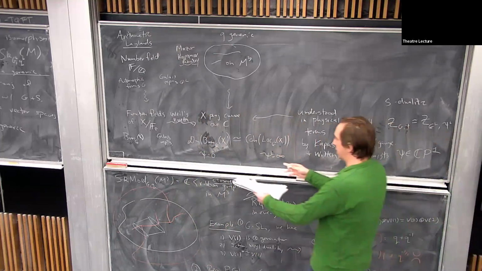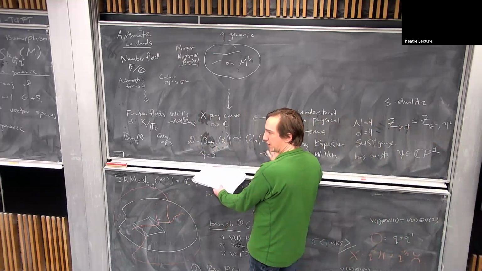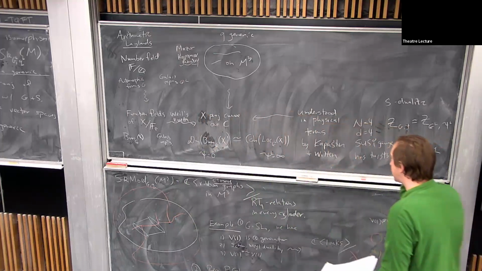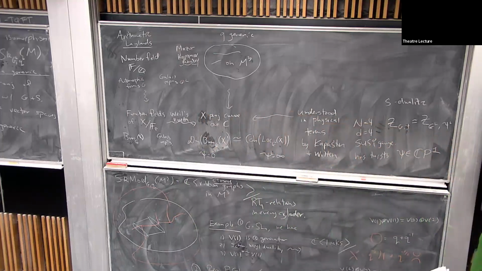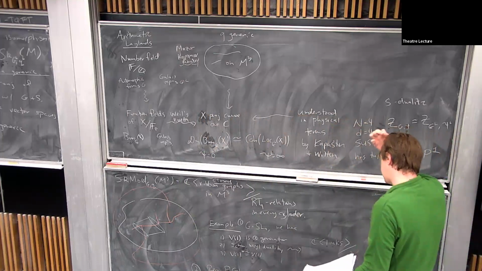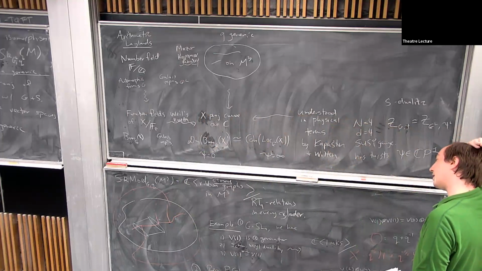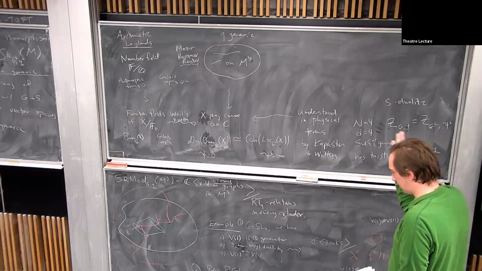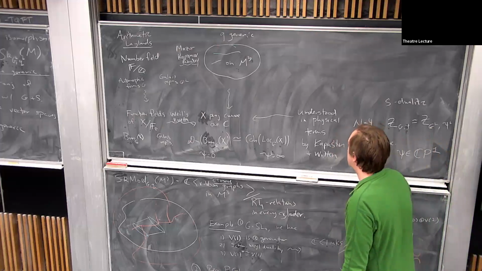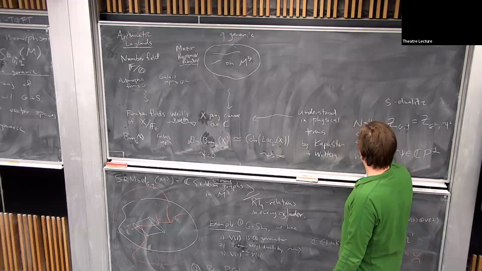And they also explained how to turn on the parameter psi and get the deformed geometric Langlands conjectures of Stoyanovsky, Gaitsgory, and I'm forgetting Feigin and Frenkel. So lots of people have worked at this level.